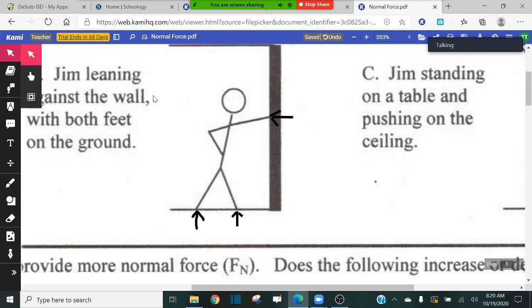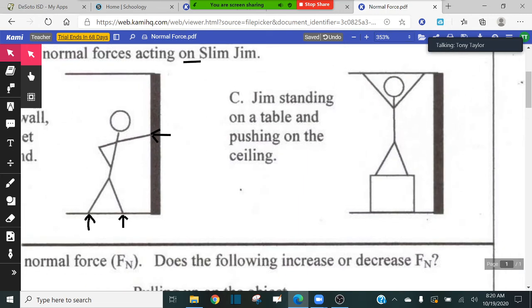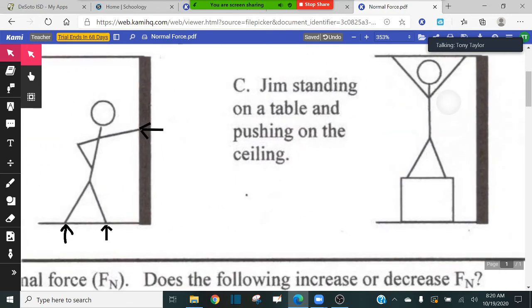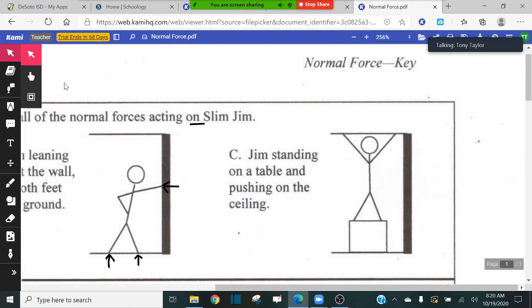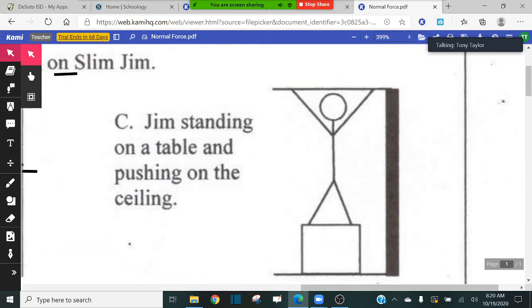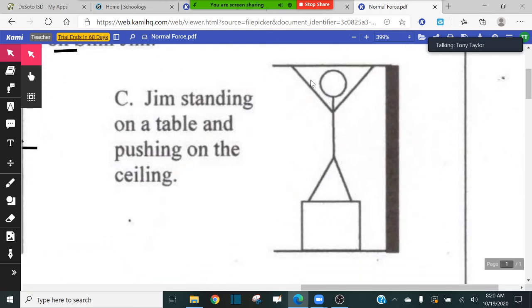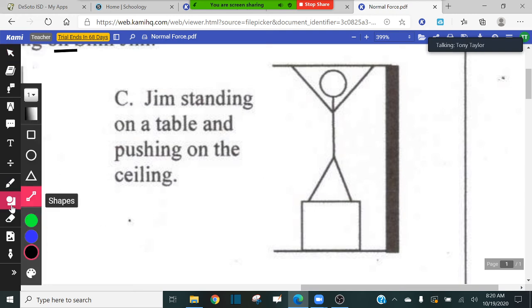Okay, let's look at another example here. Jim is standing on a table and pushing on the ceiling. How many normal forces do we have here? Remember, the instructions said to draw all the normal forces acting on Jim. Actually, here we have 4 normal forces, because we have 4 surfaces of contact.